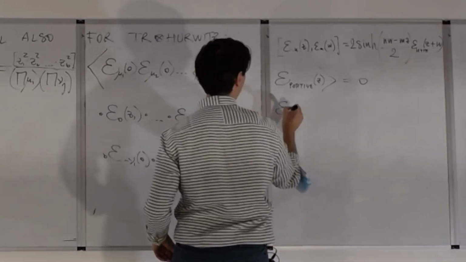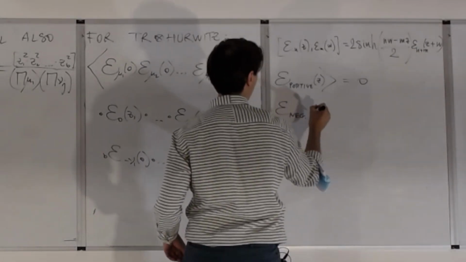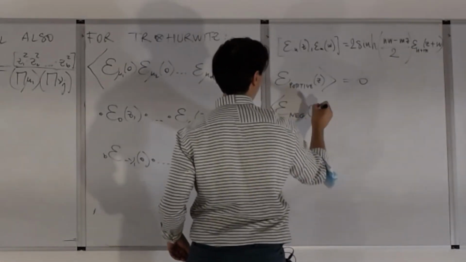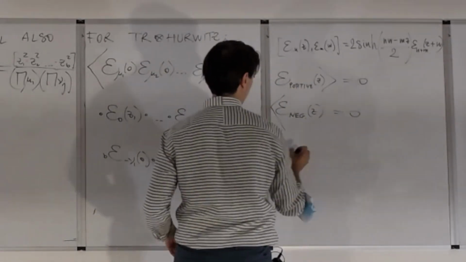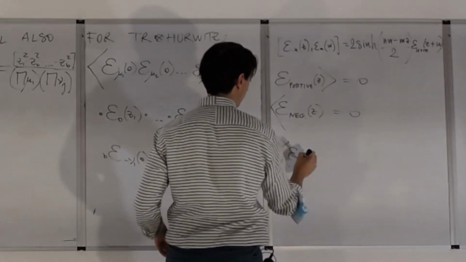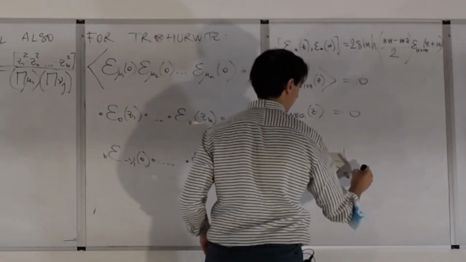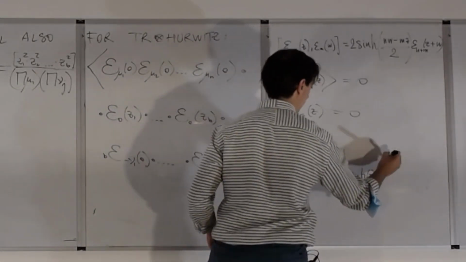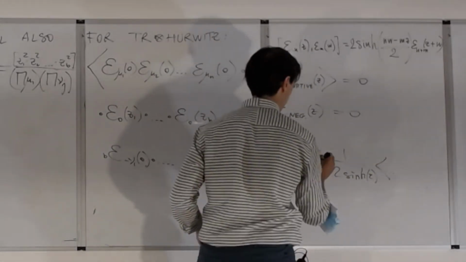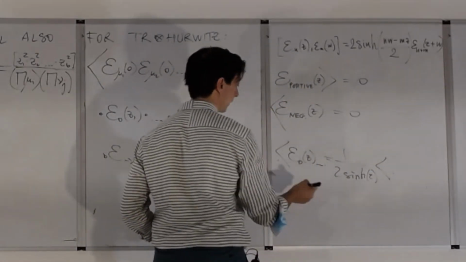And every time you have E of something negative, this is 0. And every time you have E_0, that's equal to 1 over 2 hyperbolic sine of z. And the same is true in the other direction.